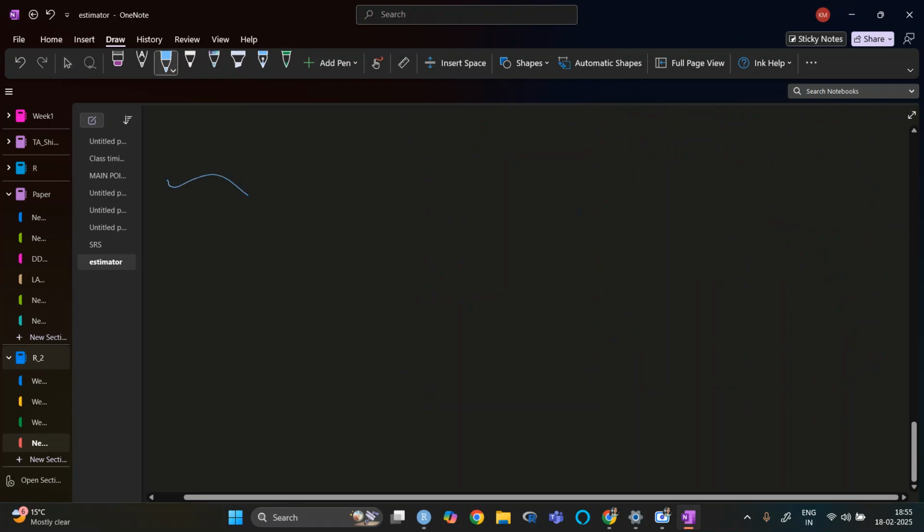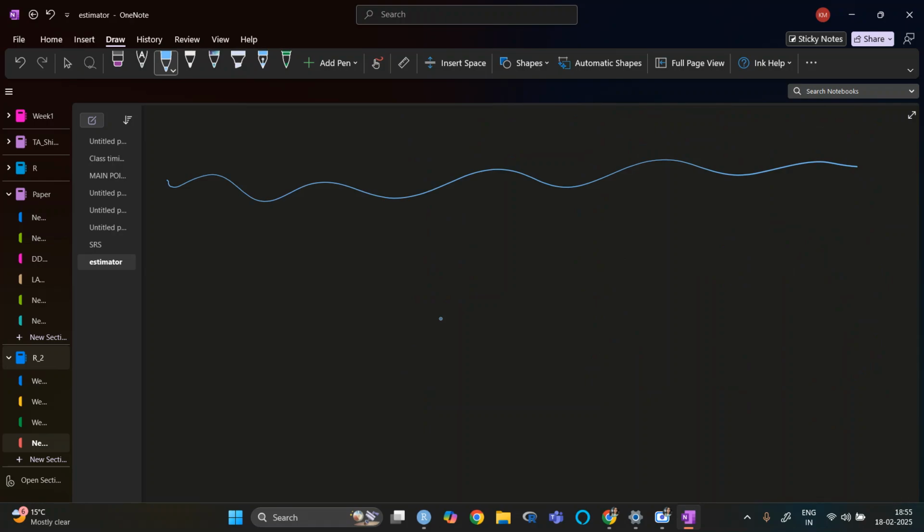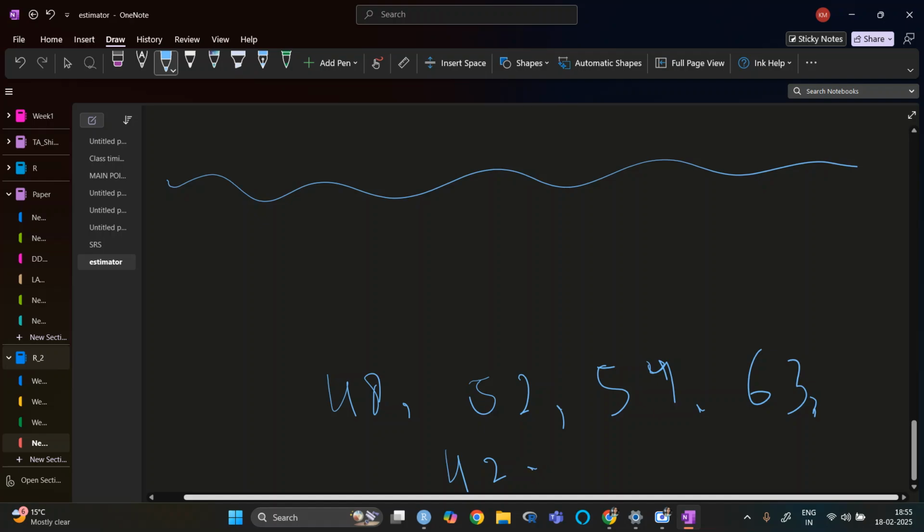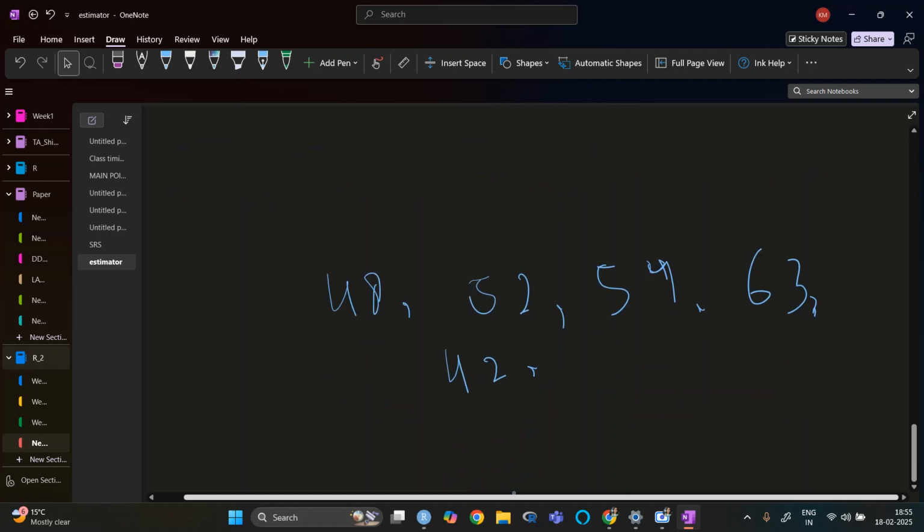So what I want to say is basically that, let's say we have a population, and on an average the numbers are 48, 52, 54, 63, 42, 45, and 43.